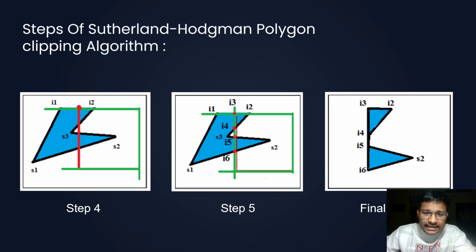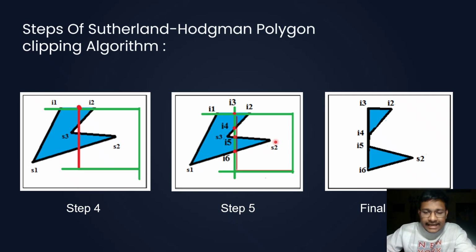Now the left side. The polygon is touching this side three times: S1 to S2, S2 to S3, and S3 to I2. First we'll see S1 to S2. Here the line is going from outside to inside. We'll name this intersection point I6, and we'll discard the S1 value and keep the S2 value.